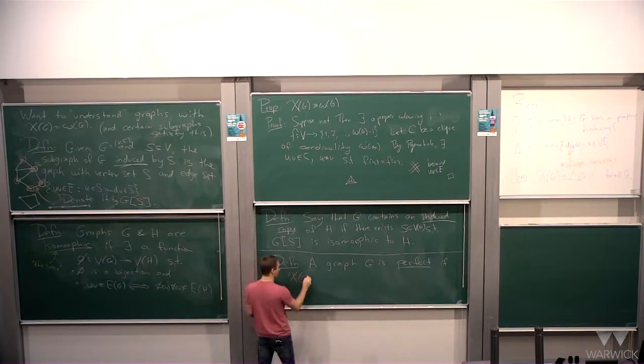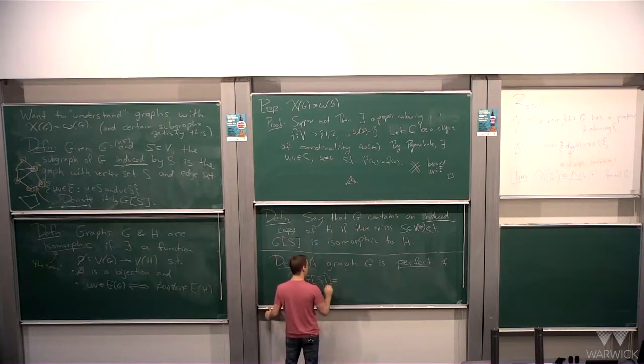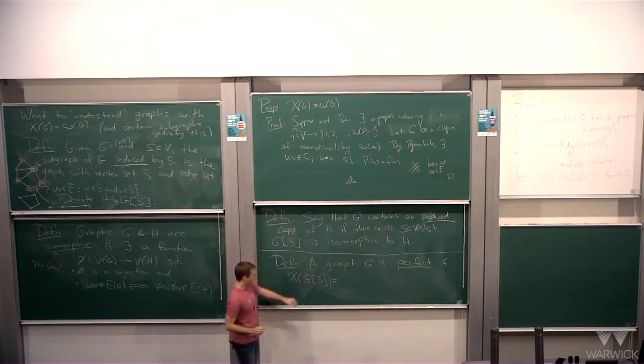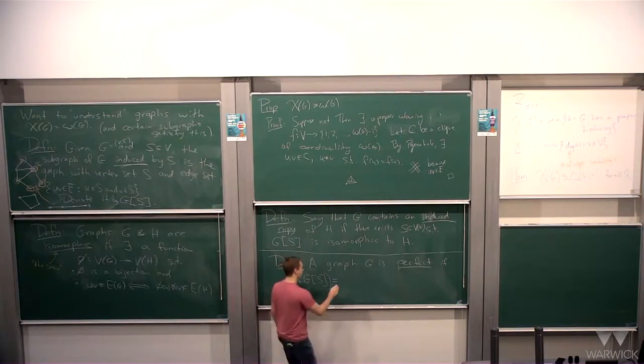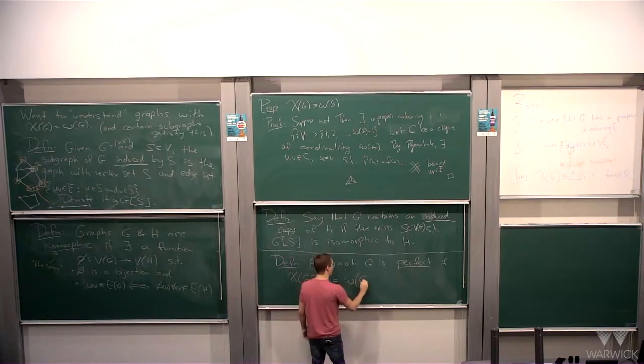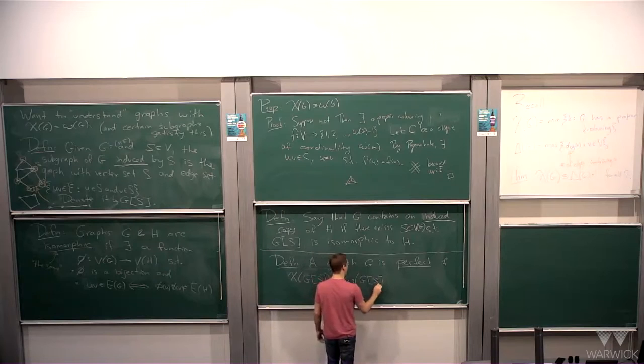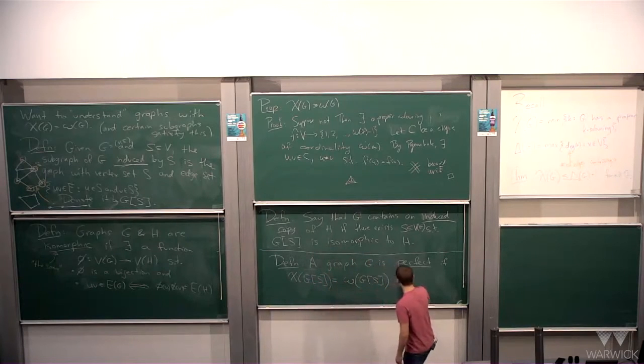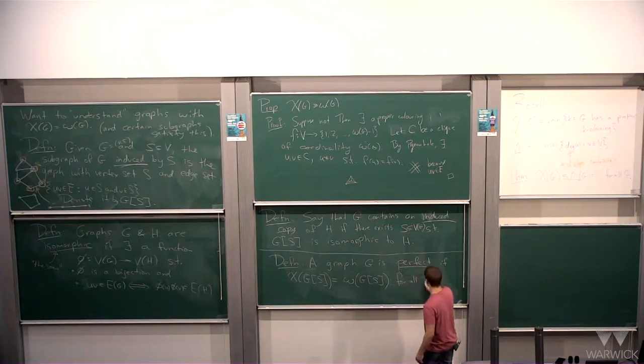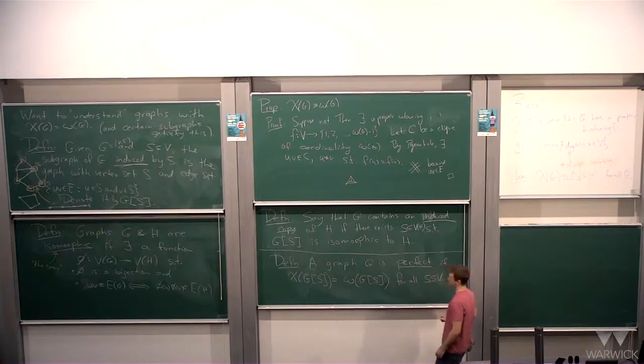So I'm going to write this in a different way than I planned to. I'm just going to write that the chromatic number of the subgraph induced by S is equal to the clique number of the subgraph induced by S for all subsets of the vertex set.